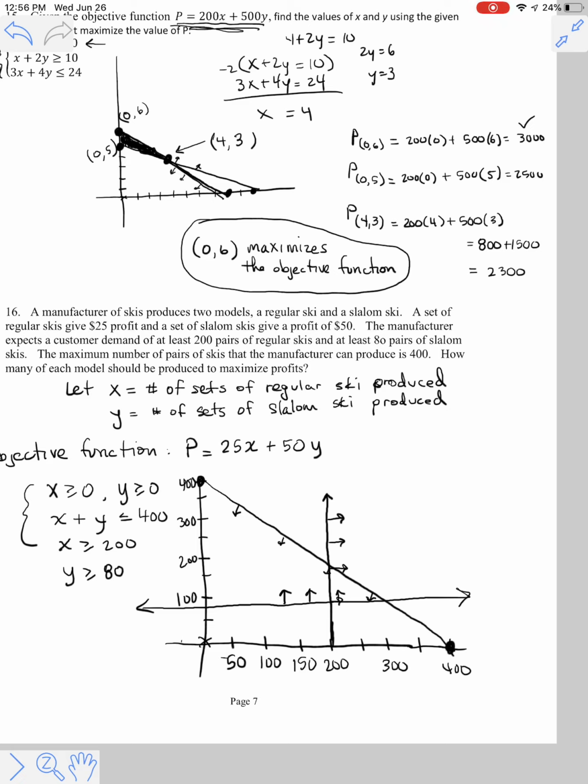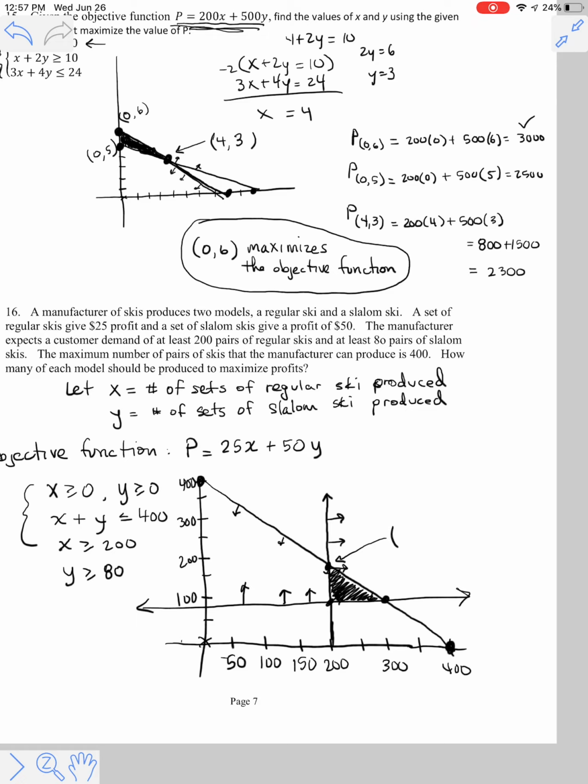So according to all of those shaded regions, I need to be underneath this line here, I need to be to the right of that line, and above this line. So this would be our solution set. It's a bounded solution set, meaning it's got boundaries on all the sides with 3 vertices.